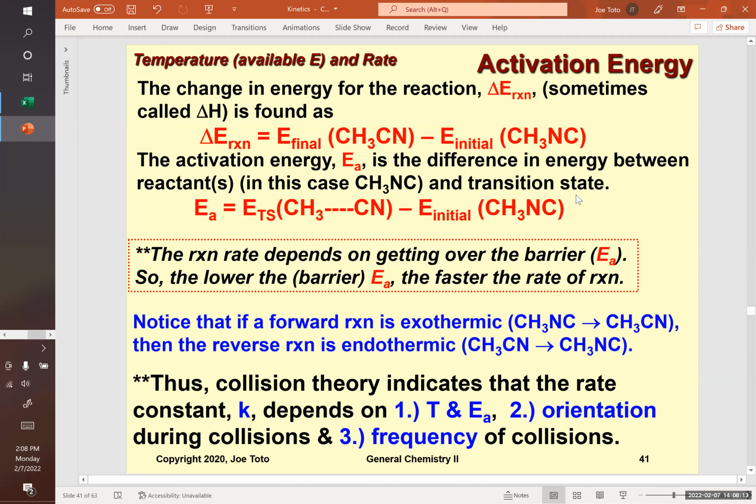And we talked about how to calculate the change in the reaction, which is sometimes referred to as delta H, and how that's different from the activation energy, which is that transition state energy minus the initial.